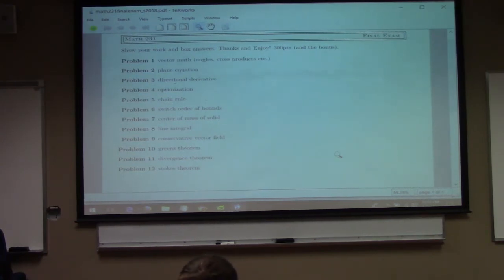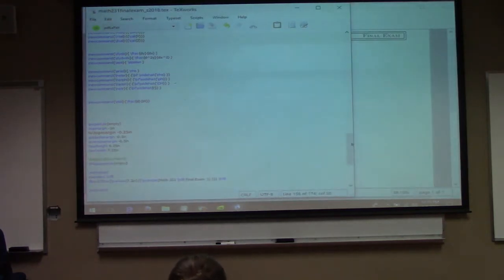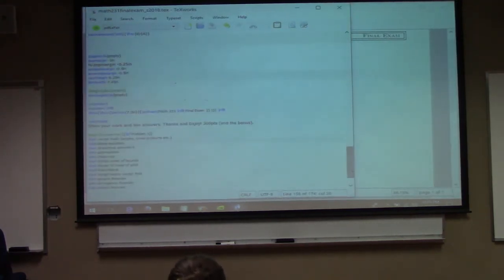I think I'm missing a problem here, as I look at this, I realize I'm missing a problem. What about, given velocity as a function of time, find position and acceleration.